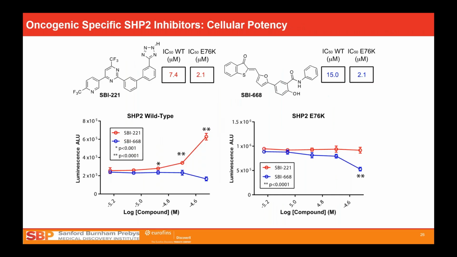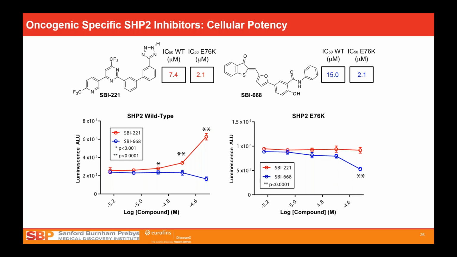So, shown here are some results using InCELL Pulse. Basically, we're able to gauge cellular potency for these compounds. On the lower left, I have a titration dose response against SHP2 wild type. You can see that SBI221 is able to engage with its target in the cell, and we get an increased luminescent signal.